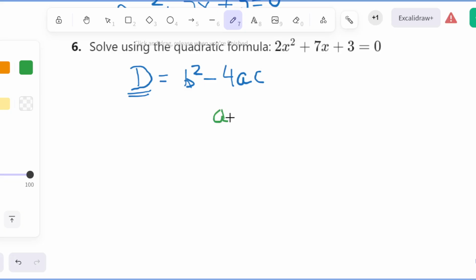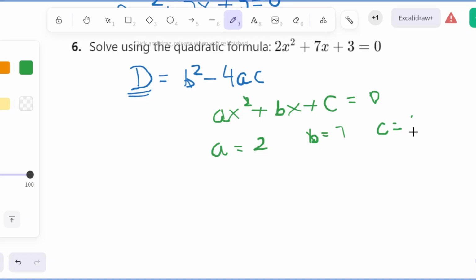So the first work is always writing the standard form, equal to 0. The value of a will come out to be 2, b is 7, and c is 3.